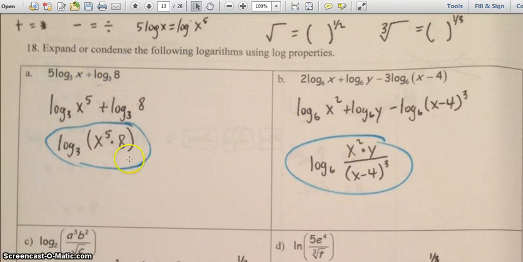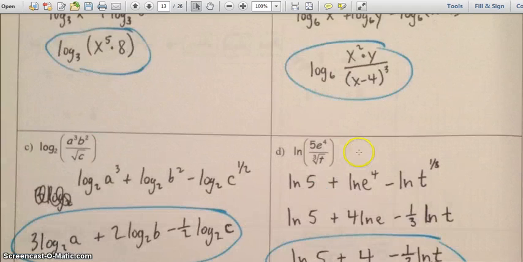I worked it out in detail here. The 5 goes back as the exponent for x, and then plus becomes multiplication. For letter B, the 2 goes back as the exponent for x. The 3 goes back as the exponent for x minus 4. Plus becomes multiplication. Minus becomes division.